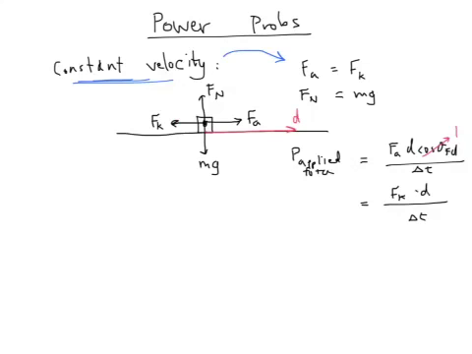So I can replace Fa with Fk, and Fk we know is mu k times the normal force. And I can change normal force to mg, and that gives me this: the power developed by the applied force.